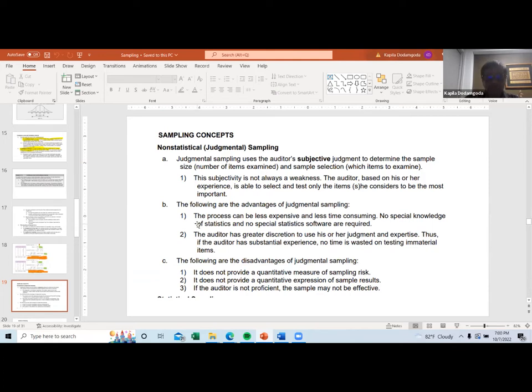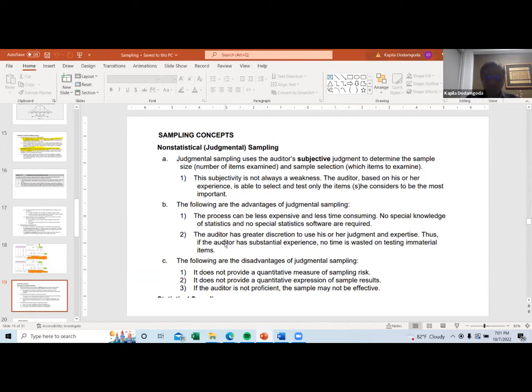At the same time, the process can be less expensive and less time consuming. Because if he is a properly experienced person, rather than relying on statistical tools and techniques, he may use the right judgment, and then you don't need sophisticated statistical tools, software, or experts. You use judgment to pick the right sample, and no special knowledge of statistics and no special statistical software are required. That is an advantage of judgmental sampling.